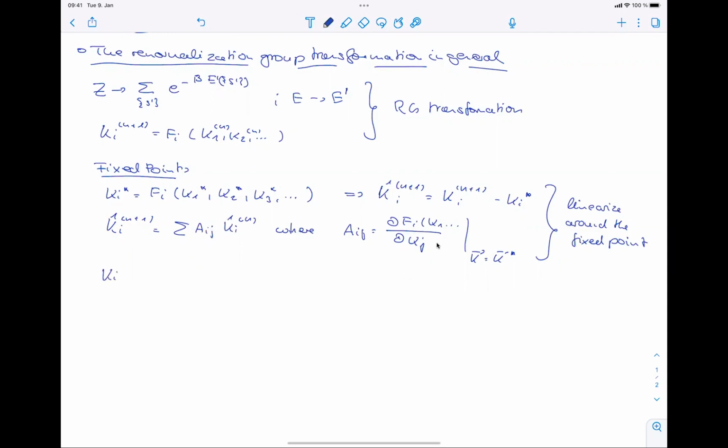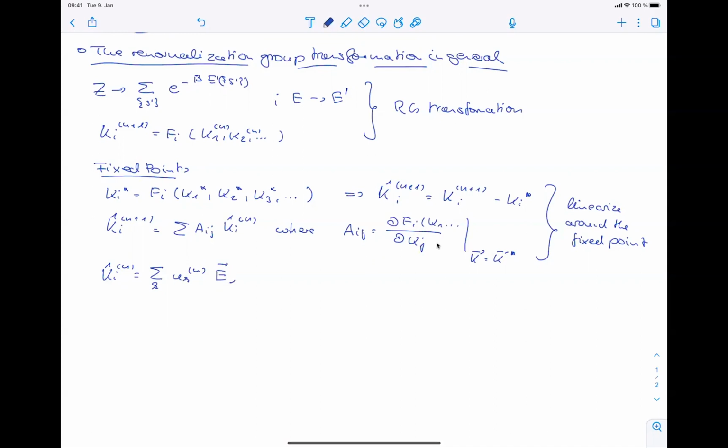So then my k_i hat n, I expand in u_k, just the new coordinate transformations set up by the right-hand eigenvectors. Oh, sorry.